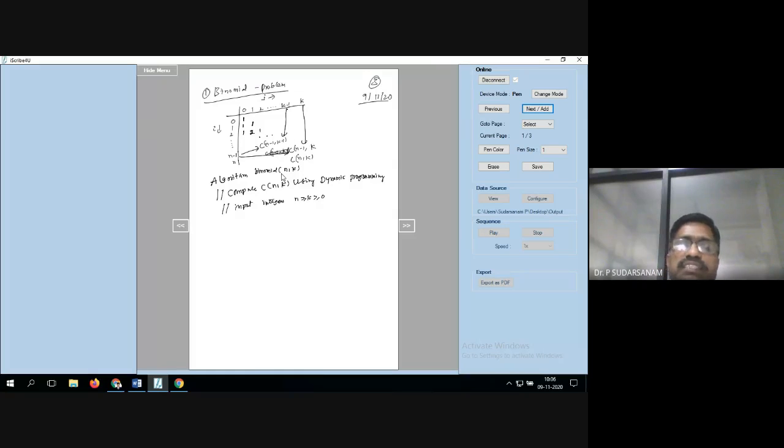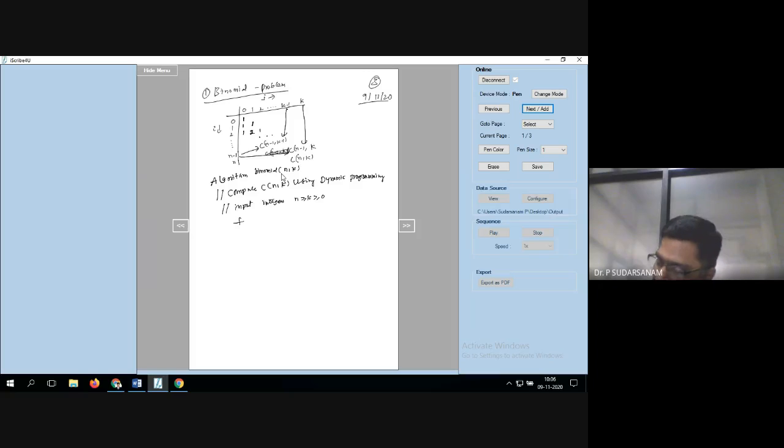Up to this condition is satisfied, we can do it. That means 4C4 I can calculate: 1C1, 2C2, 3C3, 4C4, 5C5, up to there only. 5C6 we cannot calculate. That is the input restriction.